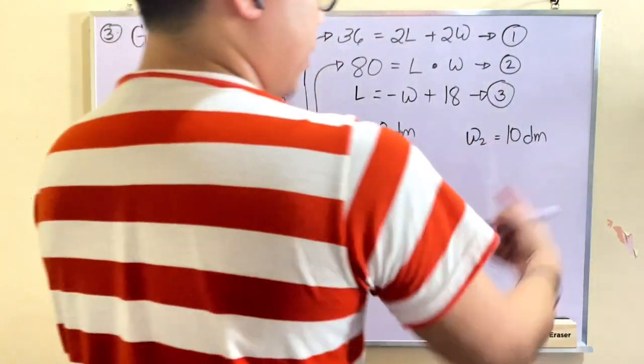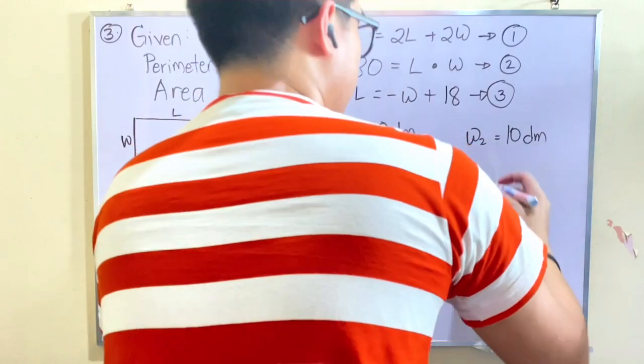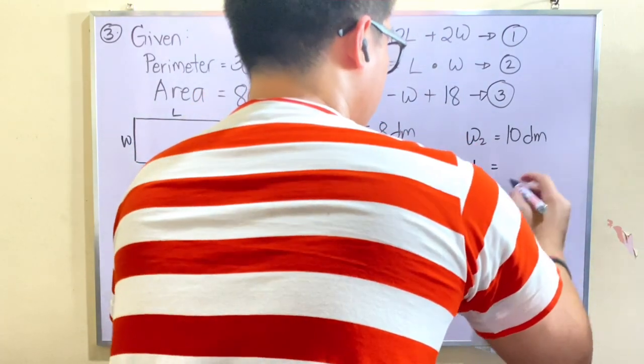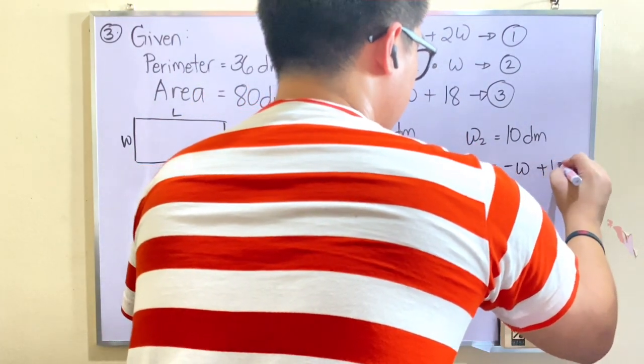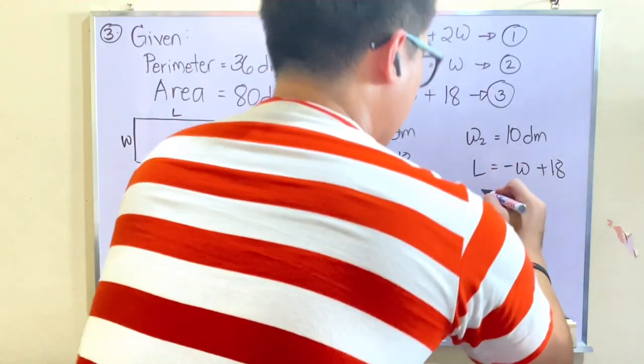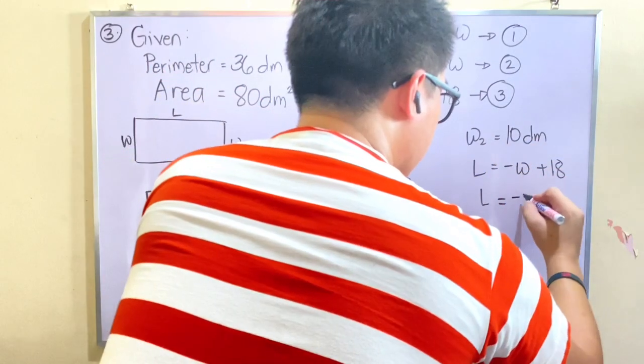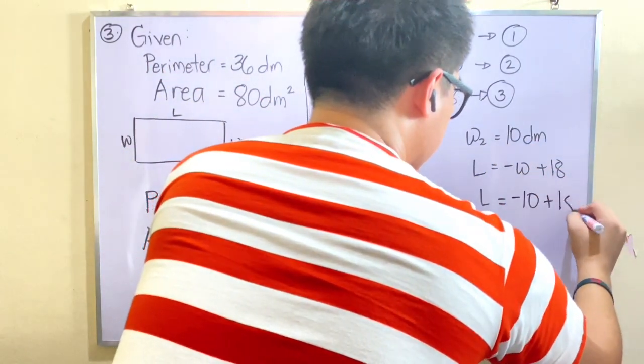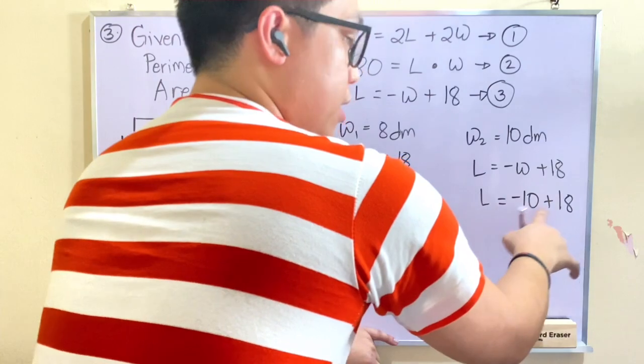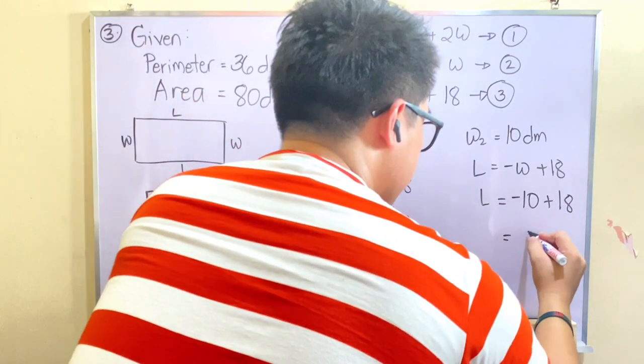Next, paano kapag ang width natin is 10 decimeter? So, length is equal to negative w plus 18. Length is equal to, ano yung w? So, negative 10 plus 18. Negative 10 plus 18 is positive 8.